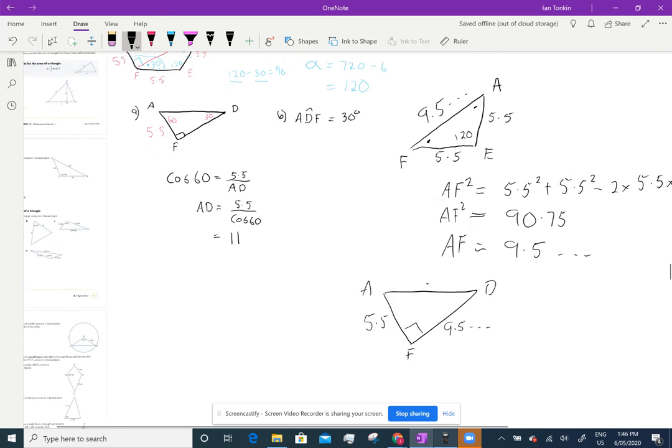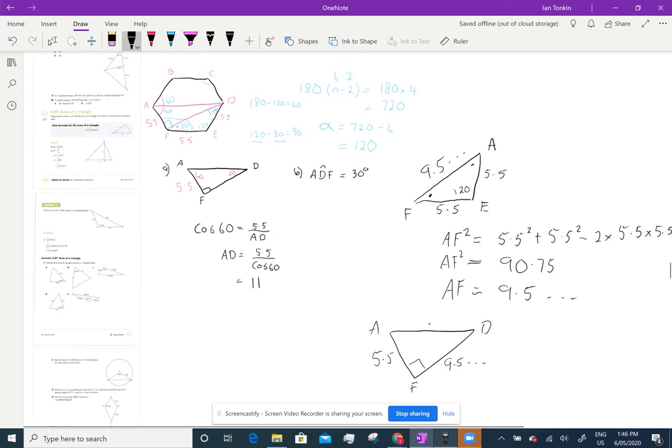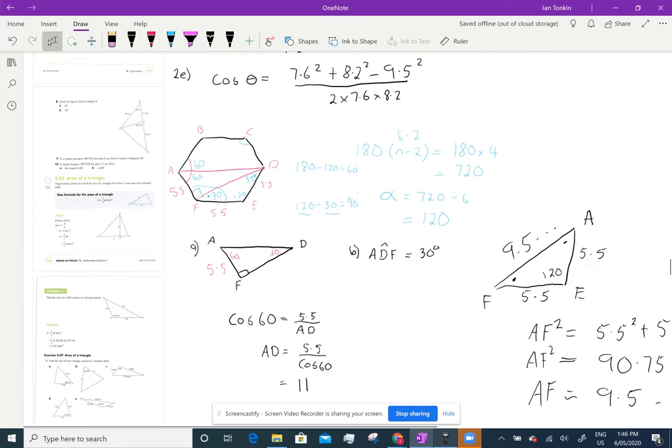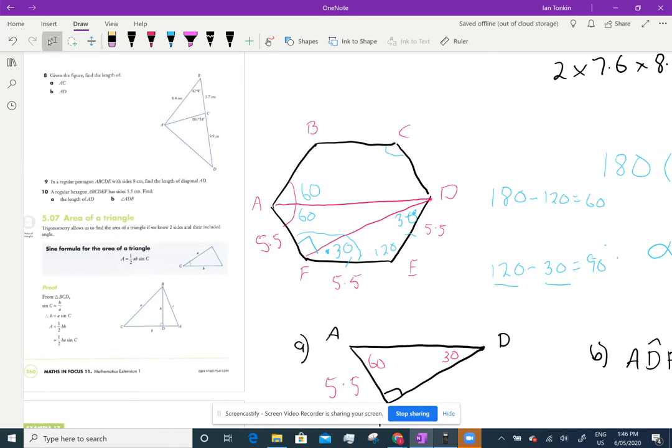look, I think the best way to do it is the way that I did it first. I don't understand why they put this in the cos rule. I can't see how you're going to make a triangle there that's going to give you the cos rule neatly.